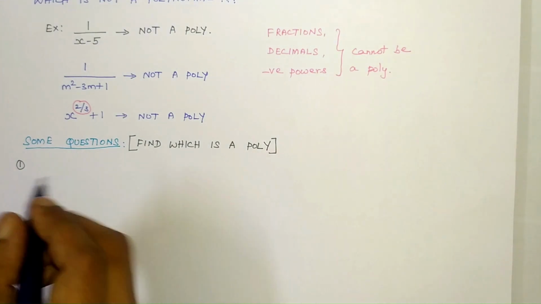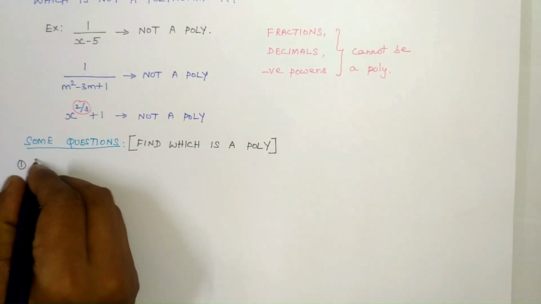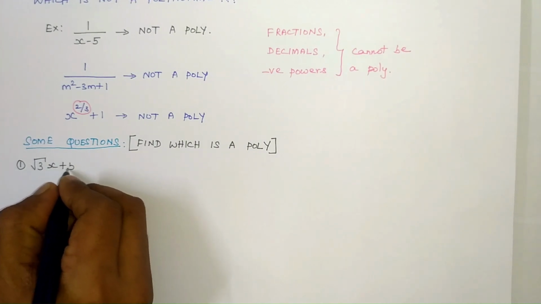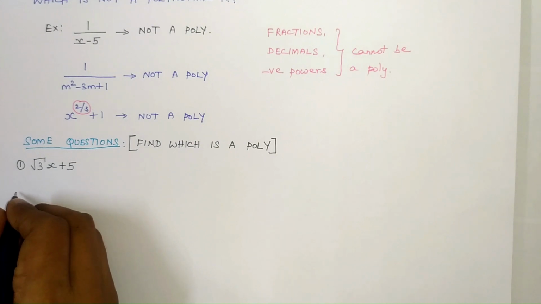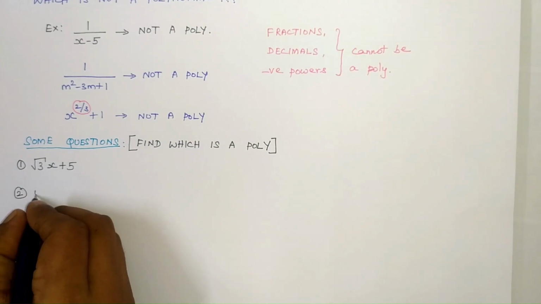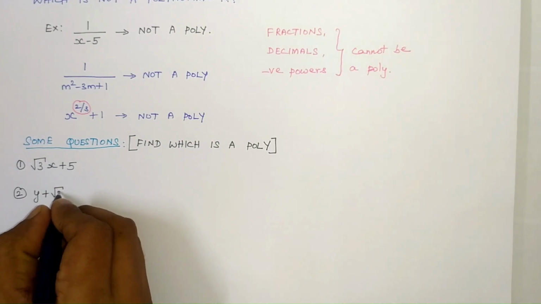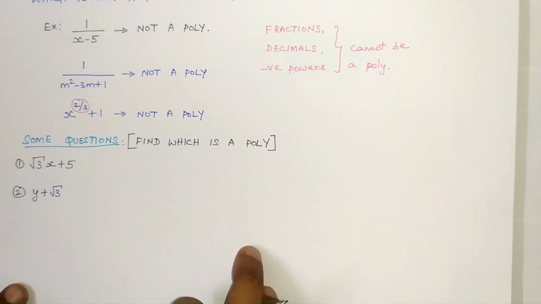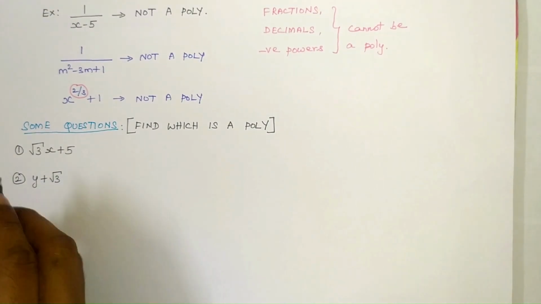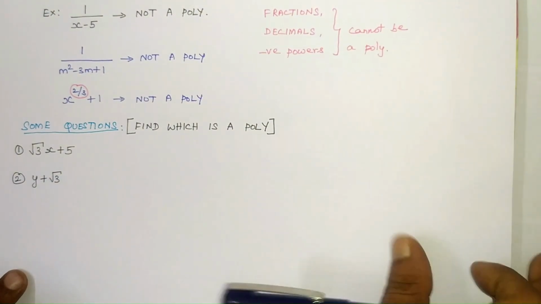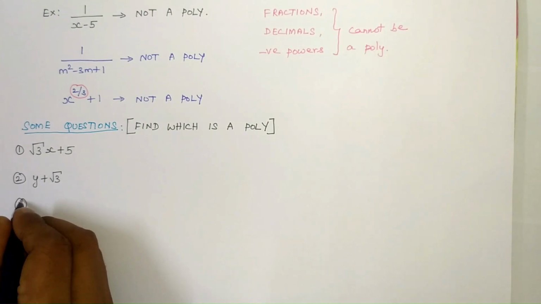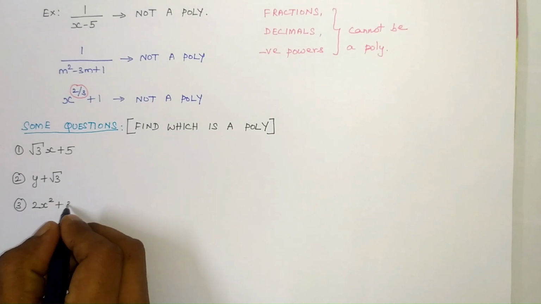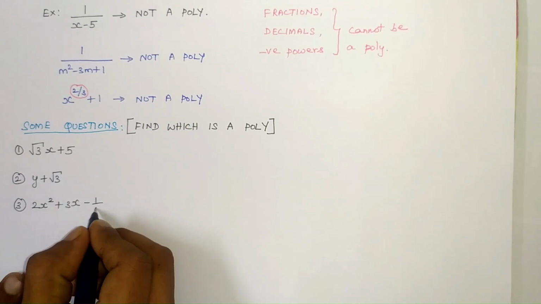The first one: square root of 3x plus 5. The second one is y plus root 3. The third one: 2x square plus 3x minus 1 by 5.